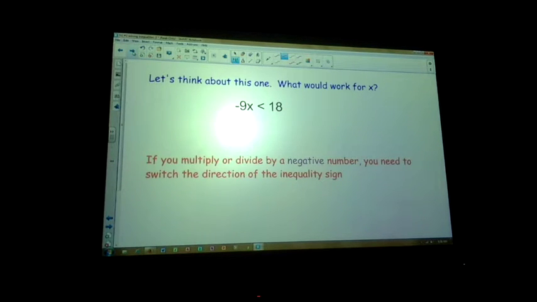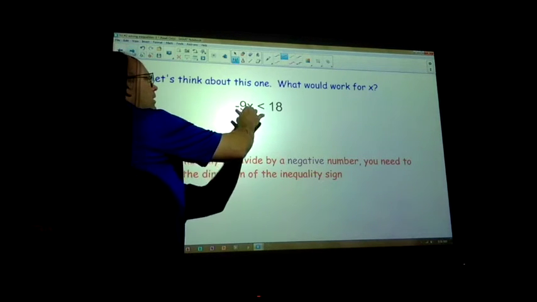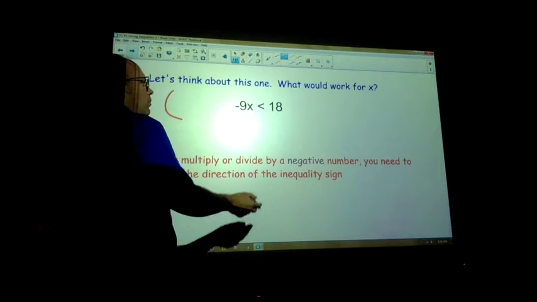All right, now let's think about this one. What would work for x? So I want values that are negative. All right, so how are these being held together? I'd say it's got to be some sort of rounded bracket.